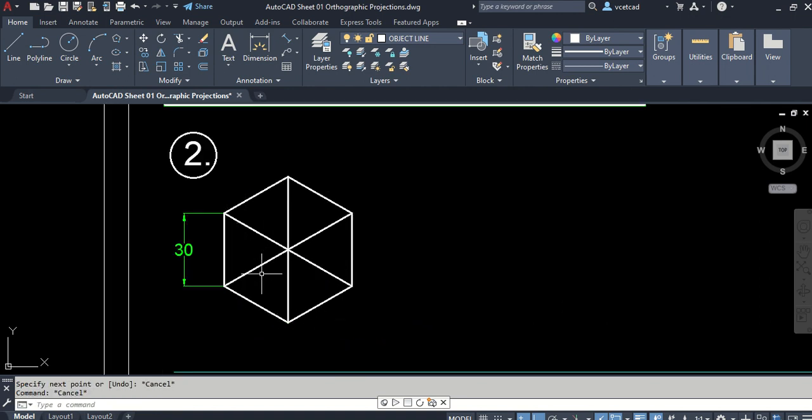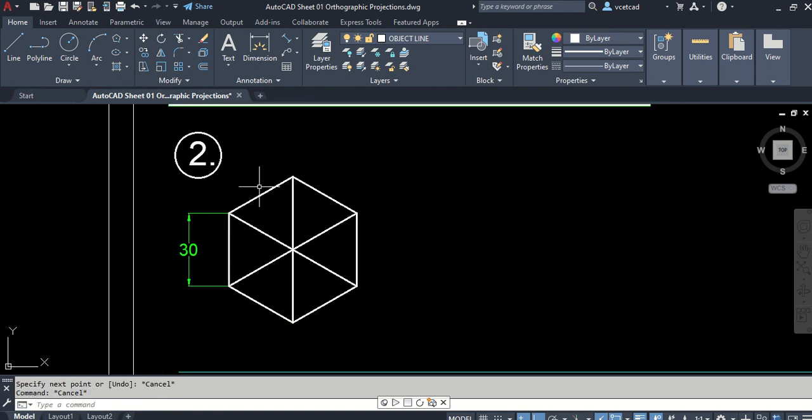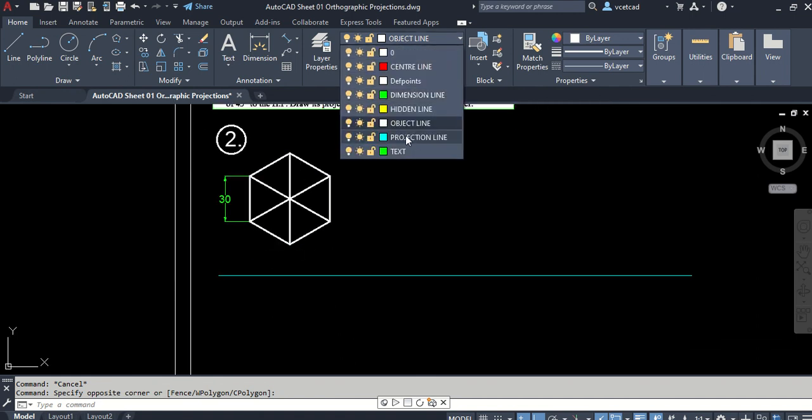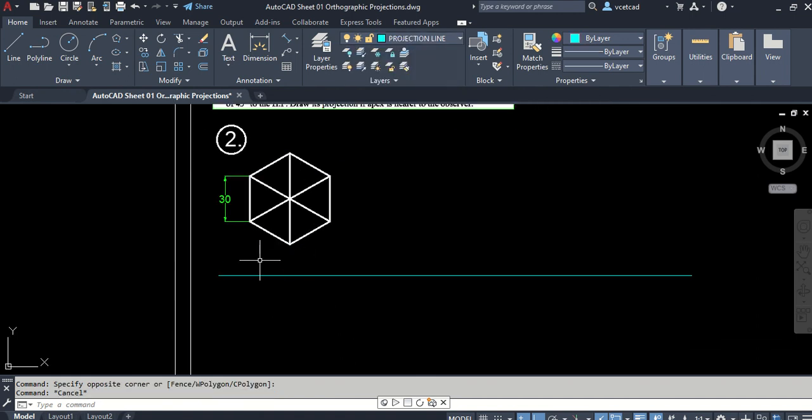It will have a base, and these are the base edges. Then it will have 6 triangular faces, an apex, and 6 slant edges. So if I want to draw its top view, take the projections.